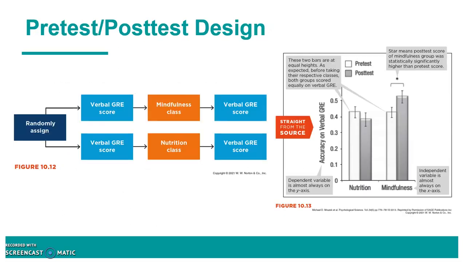For example, if I show you this, you can see that the two bars are equal heights. So you can verify that the groups were the same prior to taking the class. You didn't just have a really good group that happened to be randomly assigned to the mindfulness class versus the nutrition class. They were equal prior to the intervention.